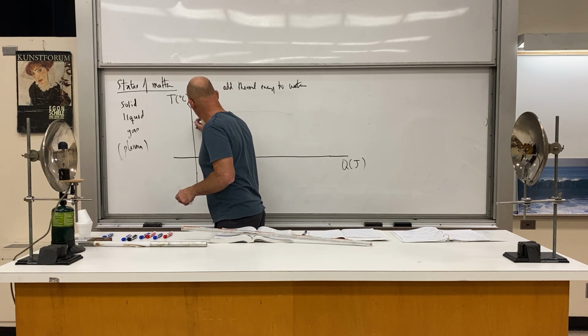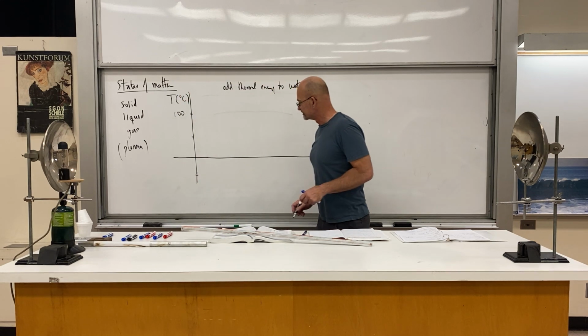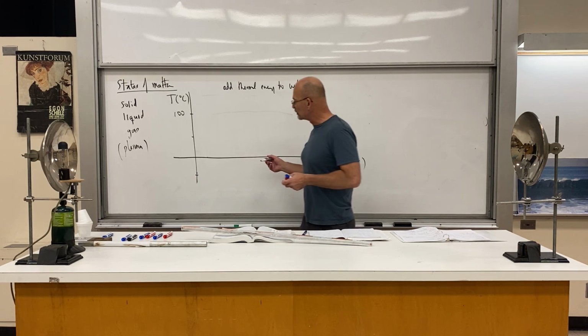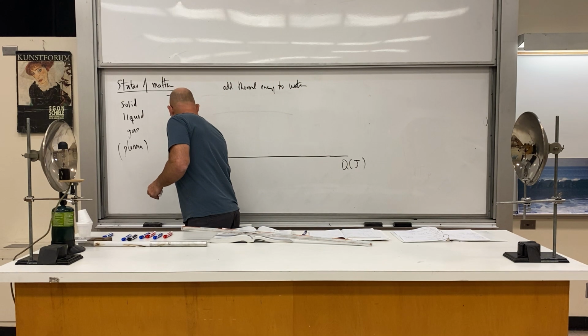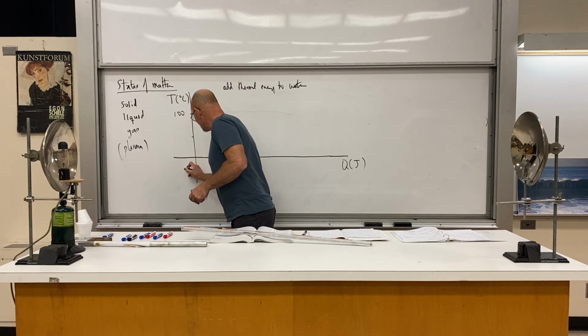Actually, let's put some temperatures: 100 degrees Celsius here, 50, minus 50. So we'll start, say, at minus 20 degrees Celsius, and we'll add thermal energy, and the temperature of the ice will increase.